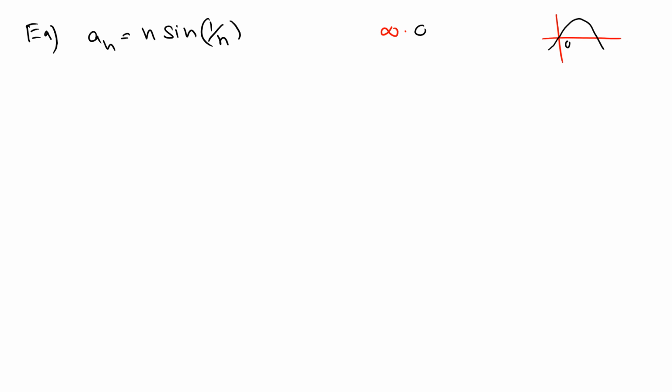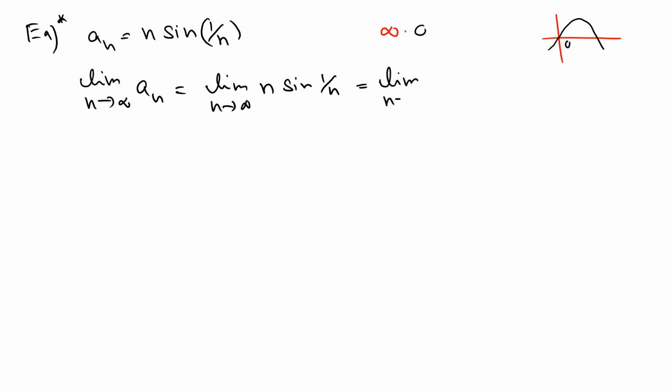So what we need is the limit as n goes to infinity of a_n, and I'm going to put a star here because it's a really nice argument. The limit as n goes to infinity of n sine 1 over n. What we're going to do is divide the top and bottom by n.